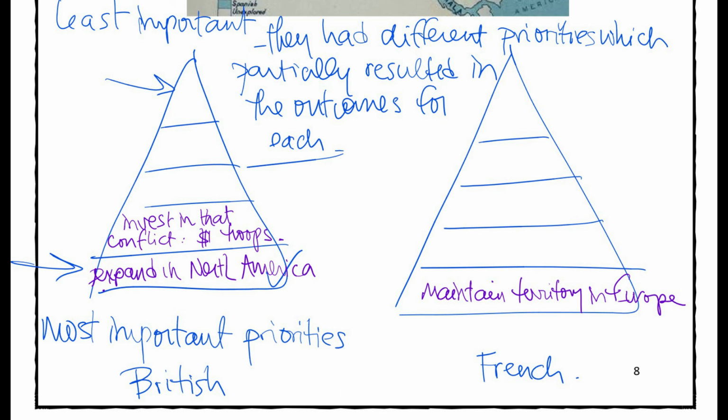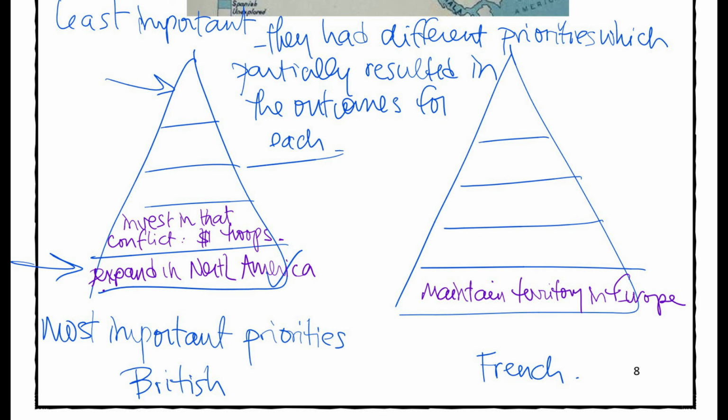I'd like you to do one for the British, and I'd like you to do one for the French, and figure out what were their priorities. And you can kind of tell based on what their actions were, what their investments were, where they kept the majority of their resources. I've mentioned it a few times, but I'd like you to review it and see if you can figure that out.